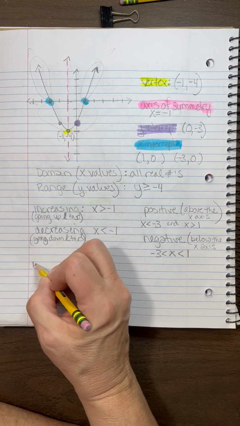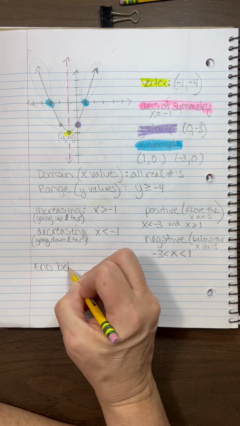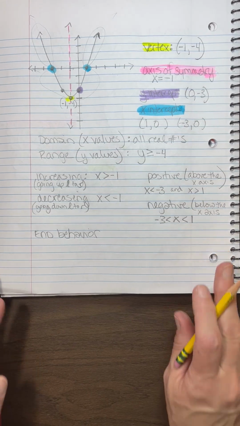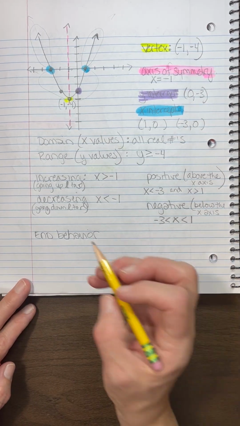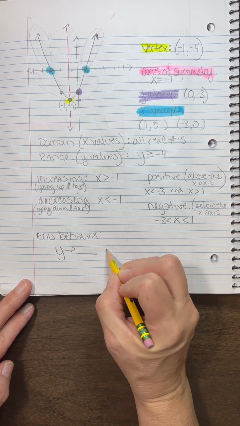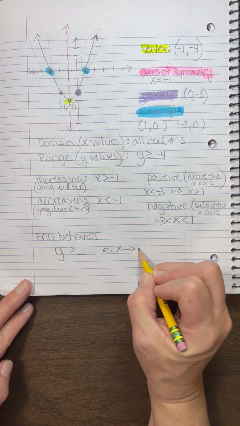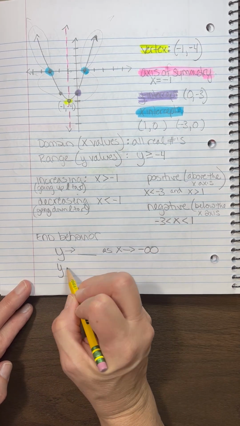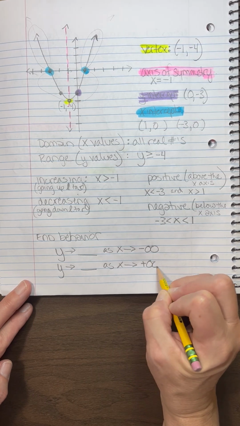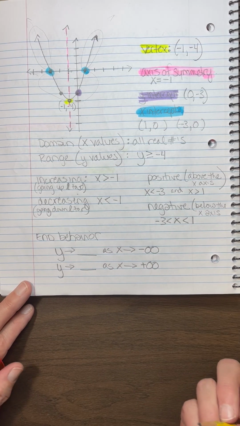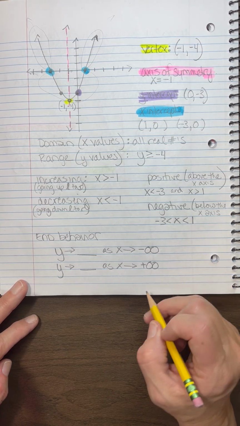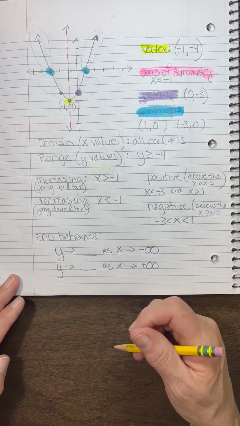Okay, and lastly, let's do end behavior. And remember, for end behavior, we always start out with the same thing. Y approaches blank as x approaches -infinity, and y approaches blank as x approaches +infinity. Well, with parabolas, this actually gets a little bit easier because both ends are going to either be going up or both ends are going to be going down.